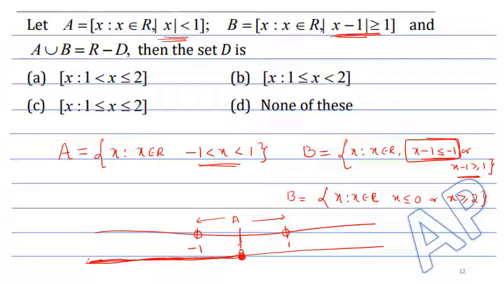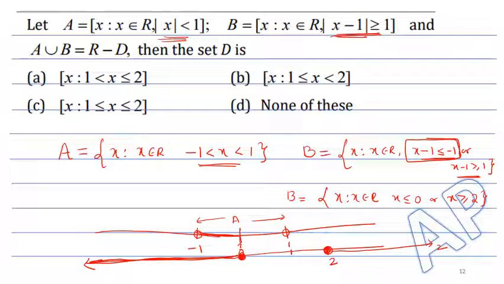This entire set is in set B, and x is greater than or equal to 2. 1 is here and I have 2 here. So this is x is greater than or equal to 2. Now see, here this is an intersecting point.